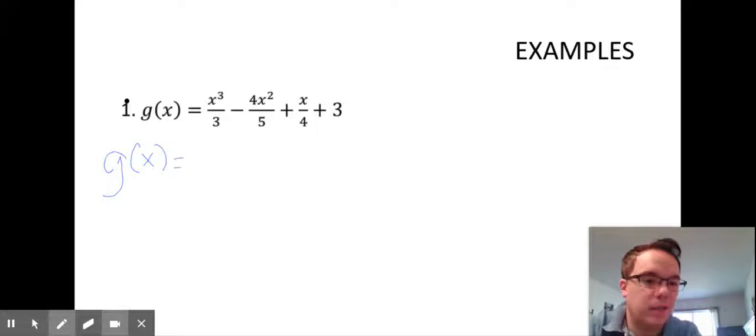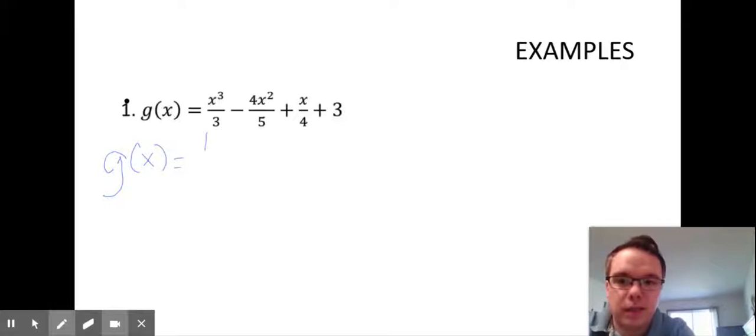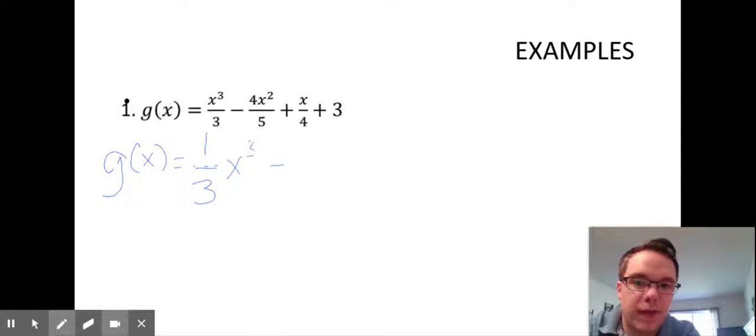Another way to write x cubed over 3 is 1/3 times x cubed. Another way to write 4x squared over 5 is 4/5 times x squared. And another way to write x over 4 is 1/4 times x, and we'll keep the plus 3.